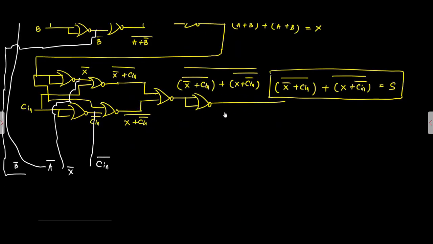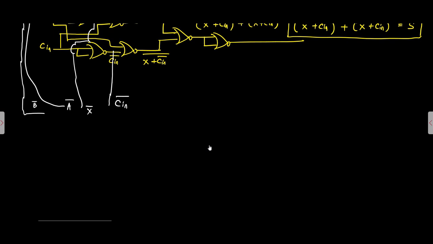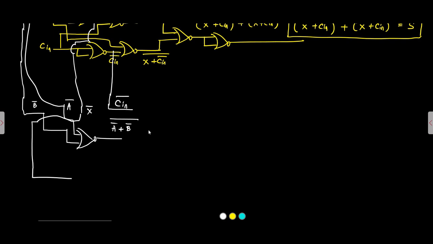So A bar or B bar whole complement, then X bar or C in bar whole complement.